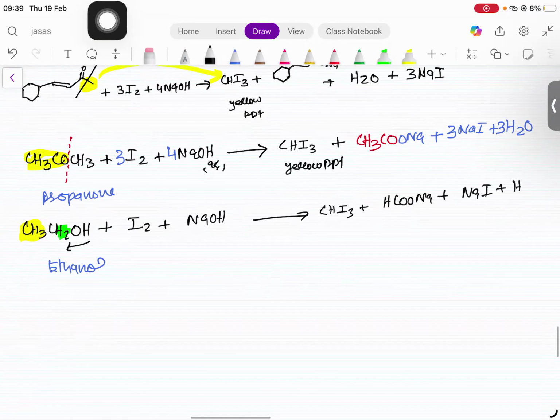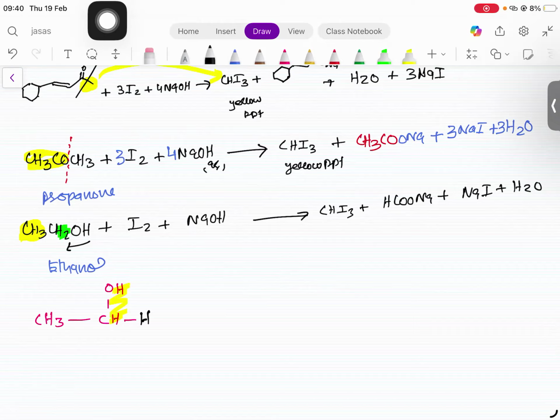Now balance it out. So in other words, I'm trying to say that look at this. This is CH3CH OH now. So this, you have to remove these two hydrogens as well. Okay? And then it is left with HCO. बस उसके आगे ONA लगा देना. Okay?